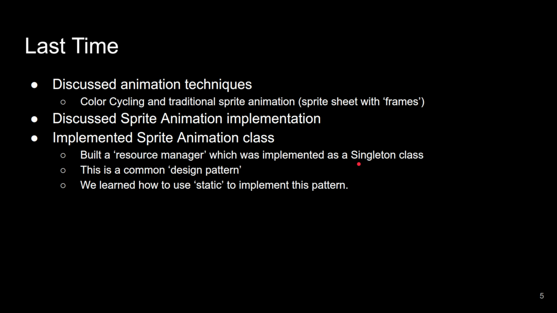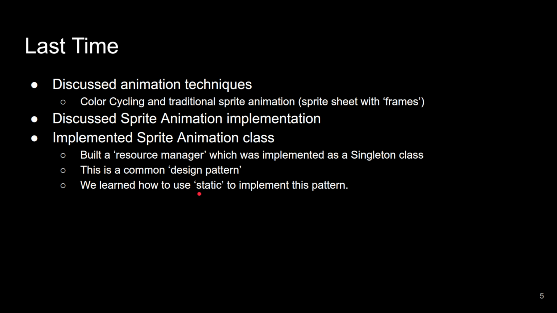It's where you say, hey, I want exactly one class, and that class is going to manage some resources. A way to think of it is as a sort of global variable, but just one place where you're managing resources. In this case, we showed how it could be useful for managing images and making sure they're only loaded once. It's a common design pattern, with pros and cons. It's easy to use, but on the con side, it's globally accessible, and you may or may not want that.